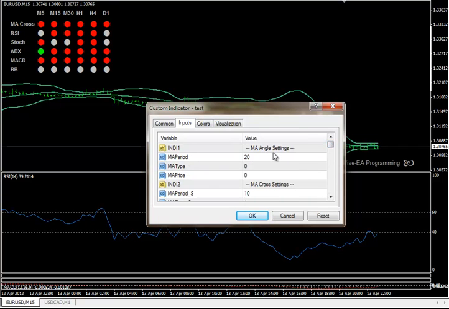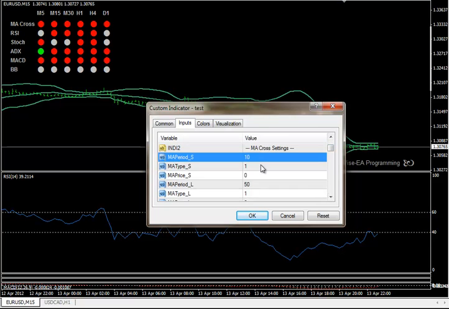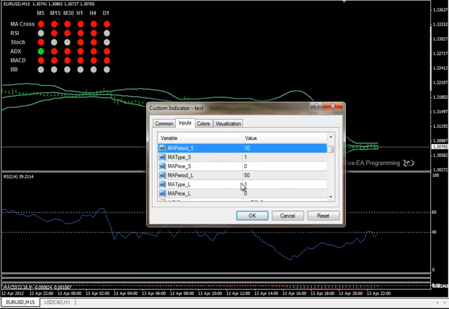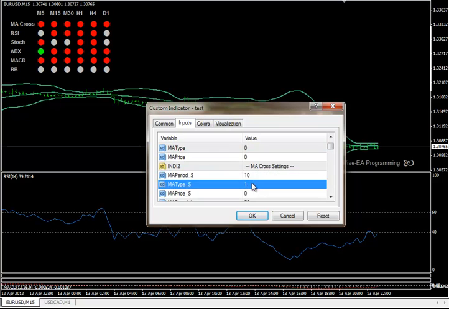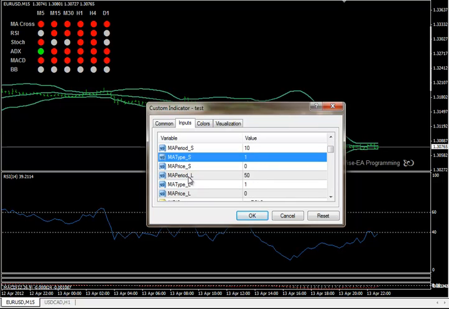So the first one is MA angle, the second one is MA cross. So this is a classic trend analysis, and we're using 2 moving averages. One is short, marked as S. One is long, excuse me, marked as L. So the short moving average in this case is a 10 period exponential moving average, and the long moving average in this case is a 50 exponential moving average.